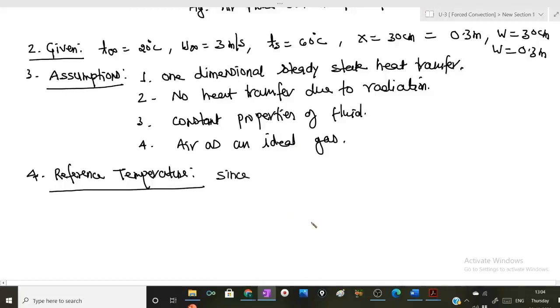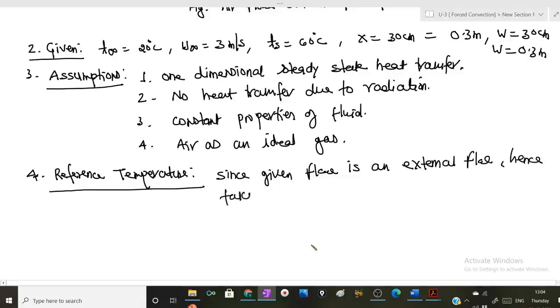So I have to mention here, since given flow is an external flow, hence taking mean film temperature as reference temperature.